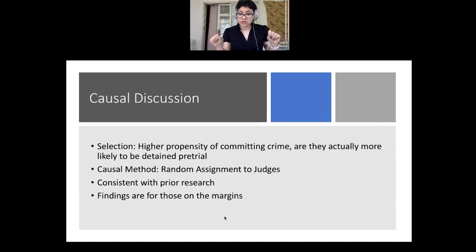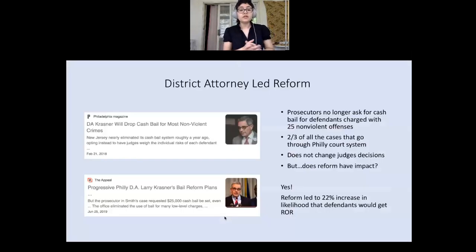If you're randomly assigned to a judge, regardless of whether or not you actually committed the crime, there are some judges that are more likely to institute higher amounts of bail, and there are some judges that are going to institute lower amounts. So if we randomly assign you, and often people are randomly assigned to judges, let's make that the randomization, so that the people who receive high amounts of bail and the people who don't look equivalent, and we can identify what the cause of bail actually is.